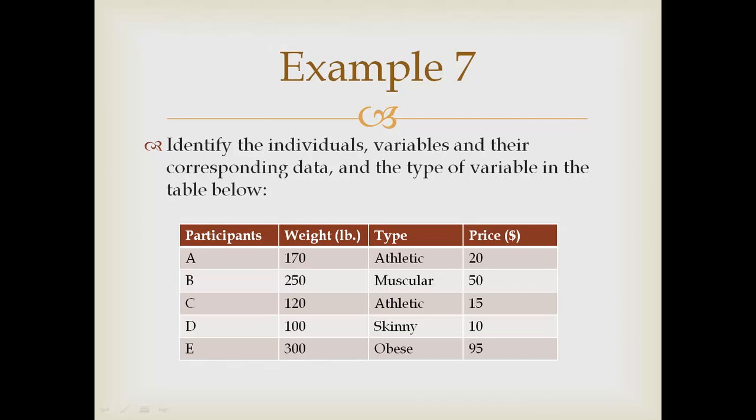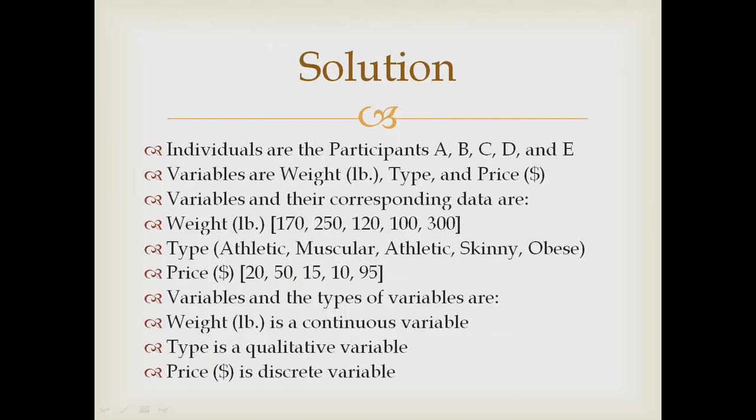We want to find the individuals, the variables and their data, and then say what type of variable they are. The individuals here are the participants: participant A, B, C, D, and E. The variables are the weight in pounds, type, and the price in dollars.